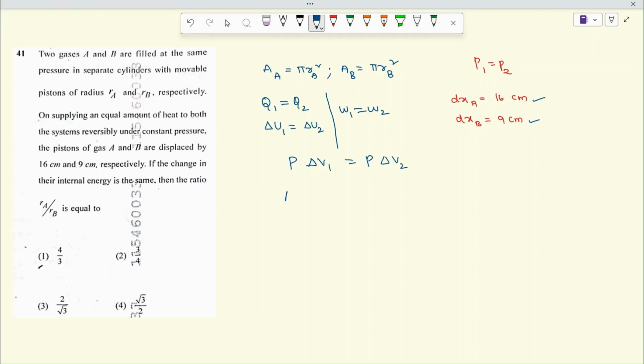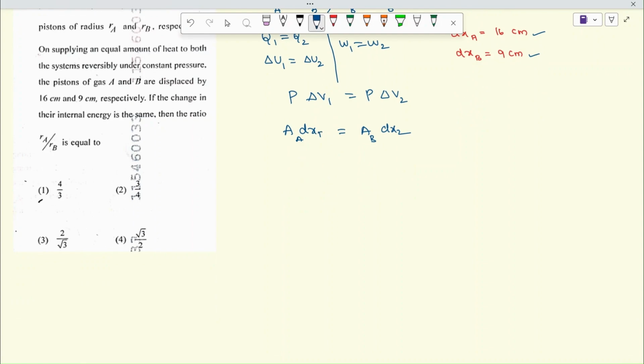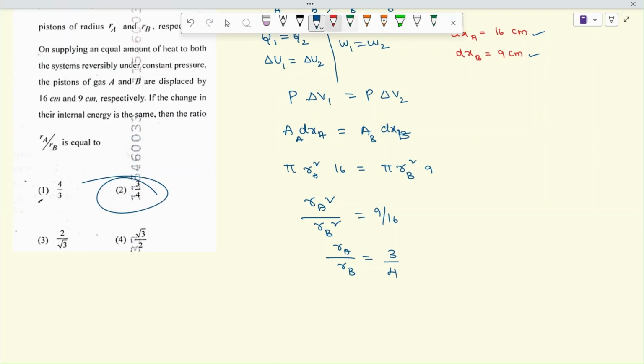So area into dx1 is equal to area into dx2 for A and B. So πRA² into dxA, which is 16, is equal to πRB² into 9. So RA²/RB² is equal to 9/16, which gives RA/RB equal to 3/4. So option 2.